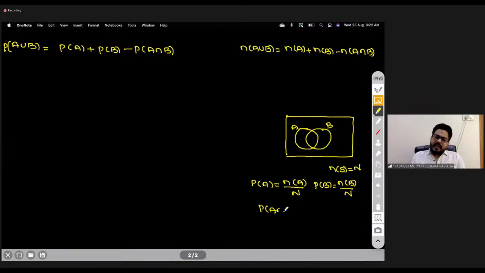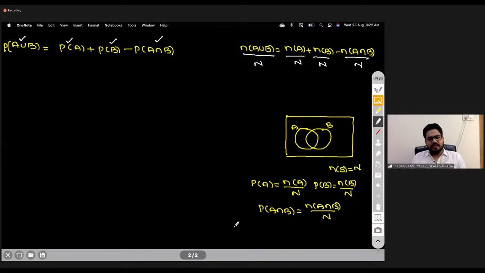Probability of A intersection B is equal to n of A intersection B by n. So you divide by the number of elements in the sample space. So clearly, probability of A union B is equal to probability of A plus probability of B minus probability of A intersection B.